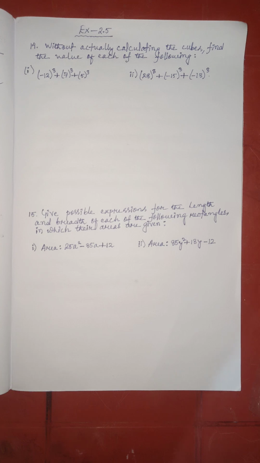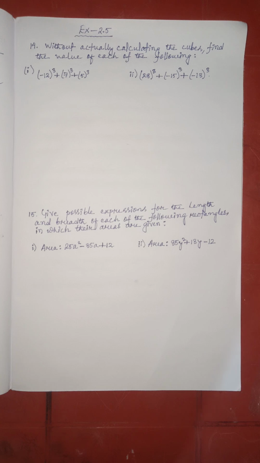Today we will discuss class 9 maths exercise 2.5, question number 14 as well as question number 15. In question number 14, we were given: without actually calculating the cube, find the values of each of the following.